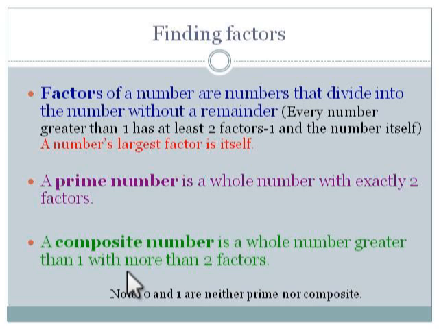So it has more than 2 factors and it's greater than 1. Here's our note. 0 and 1 are neither. They are not considered prime. They are not considered composite. They don't fit the definitions of those two things. Okay?